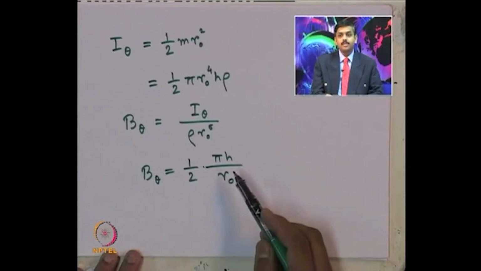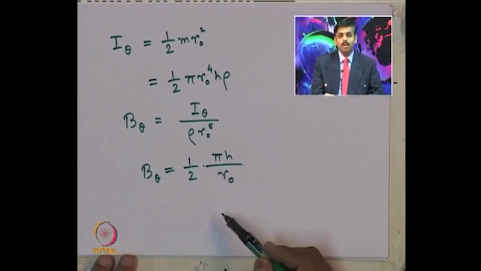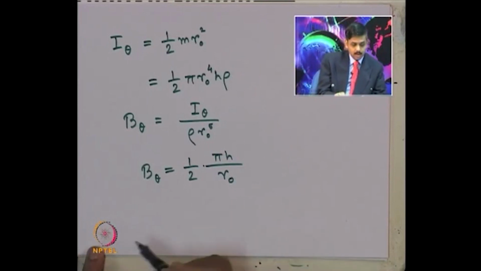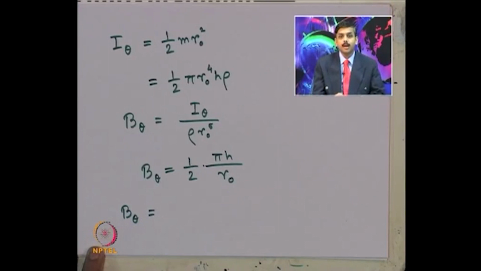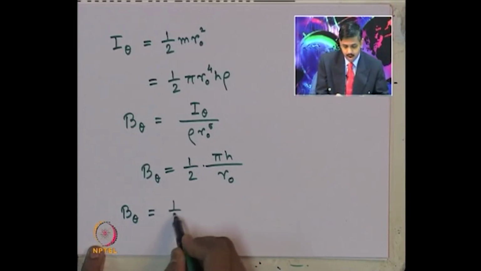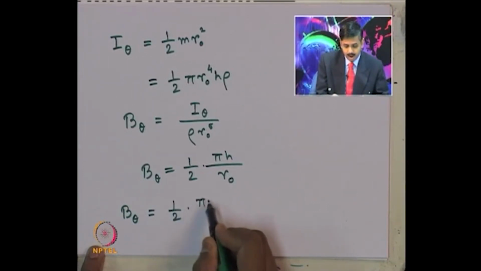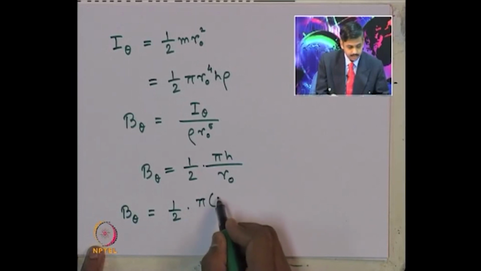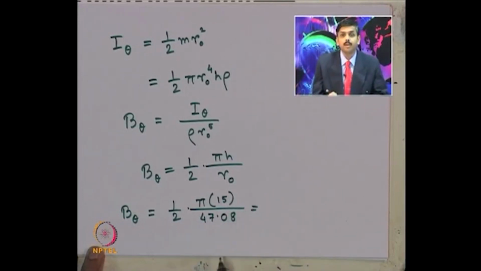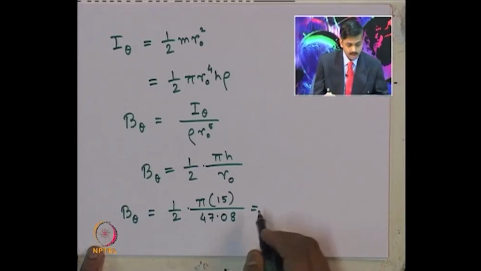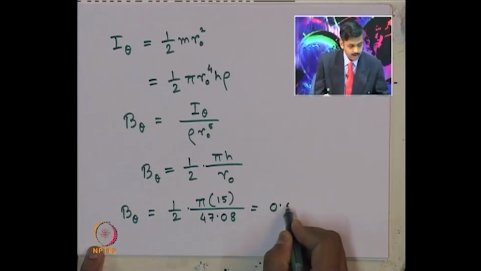Okay. So, h is given as 15 centimeter and r naught just now we have calculated 47.08. So, we can easily get the value of b theta, which is half pi into 15 by 47.08. So, how much it is coming? If we calculate it, it is coming as 0.5.